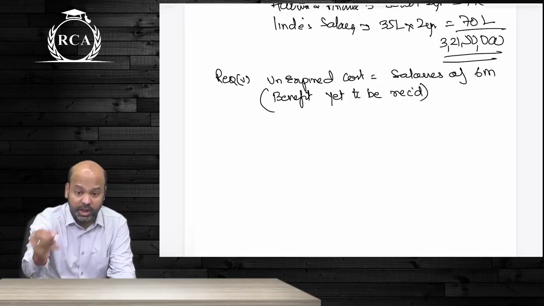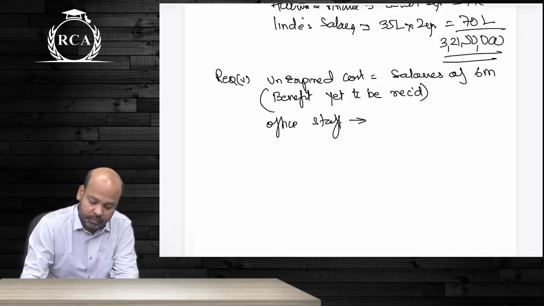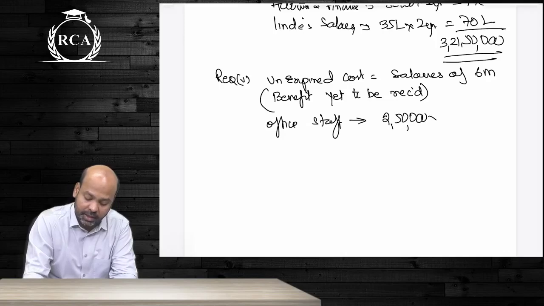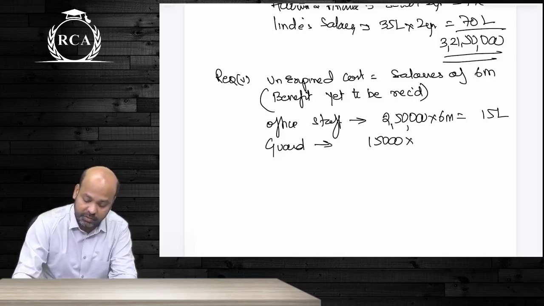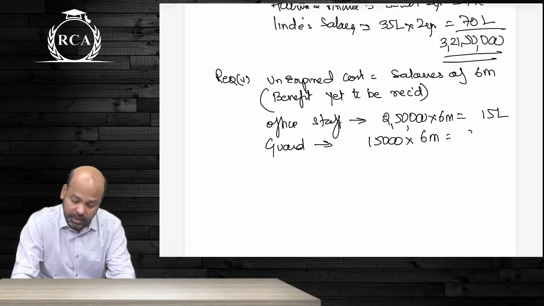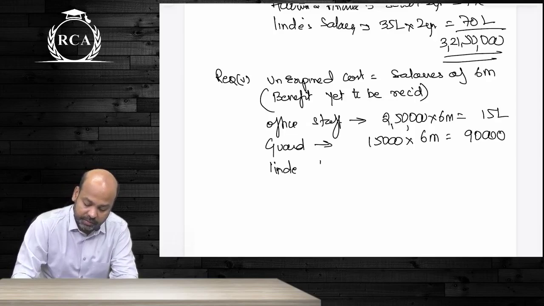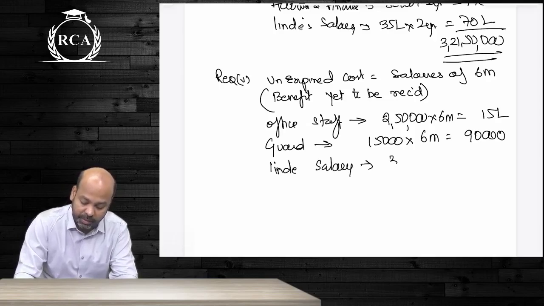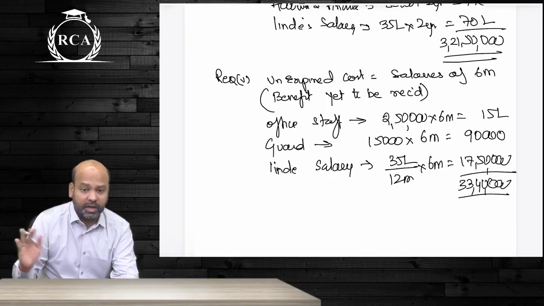Now let's go in order. First, what is the office staff salary per month? 2,50,000, into 6 months, guys, 15 lakhs. What is the guard's salary? Leave one sentence below it, 15,000 per month. This will become 90,000. What is Mr. Lind's salary? 35 lakhs per month or per year? Divided by 12 months into 6 months. Add all of them. This is the unexpired cost. All salaries should come, guys.